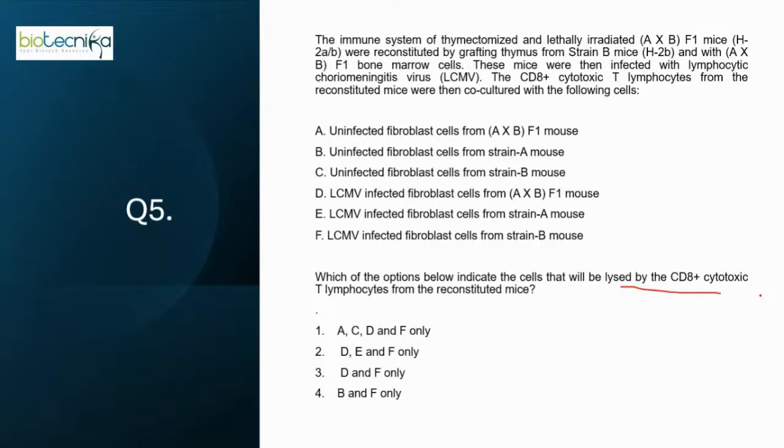So what they have given you is something regarding your strain B H2B.